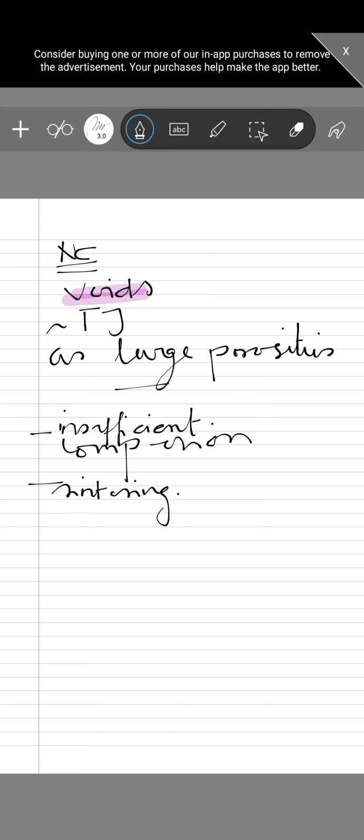Now, these are structurally more important than pores. The triple junction voids in particular arise as a result of relaxation of nanocrystalline grain boundaries.